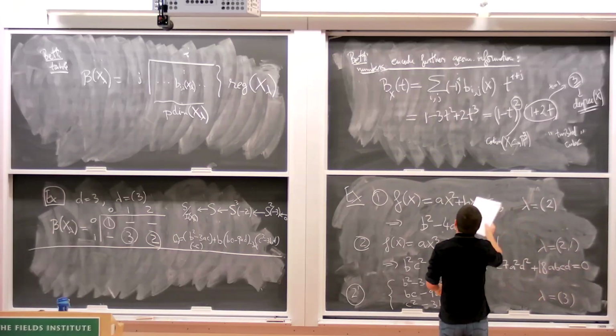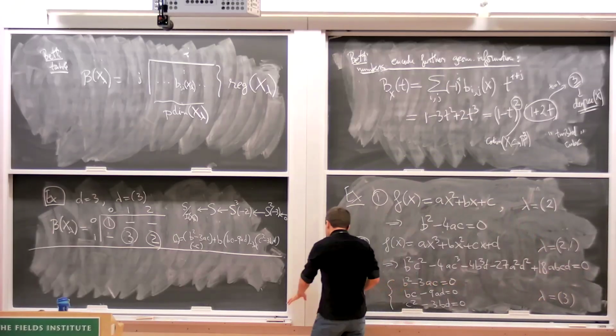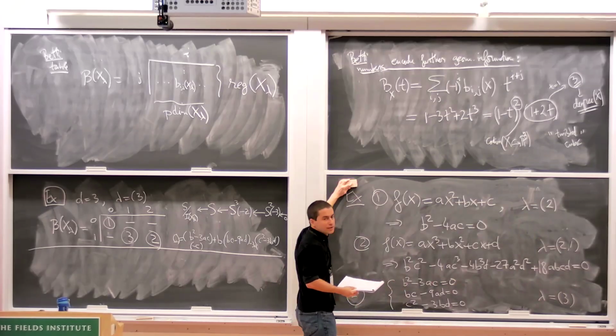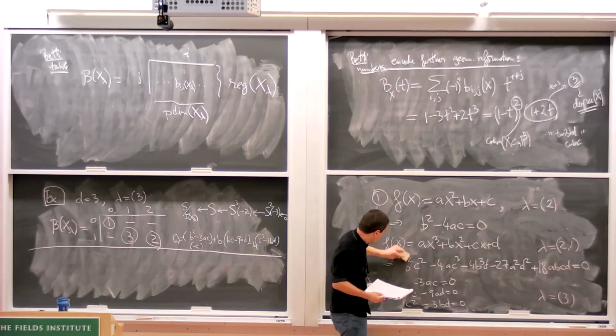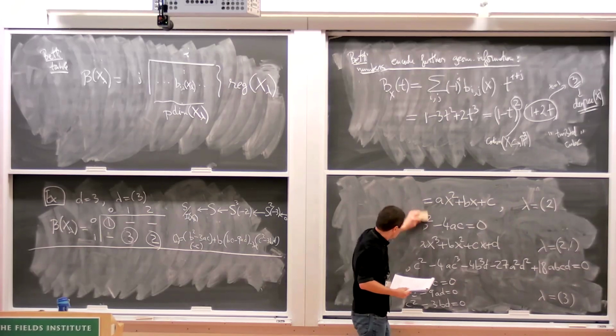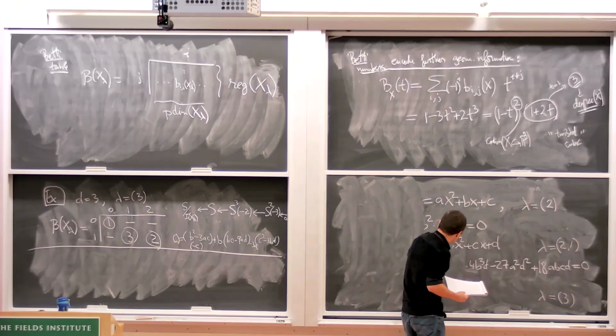I don't really want you to think of this as a method for computing degree or dimension, but I want you to think of the Betti numbers as maybe more refined invariants than the dimension of the variety or the degree.